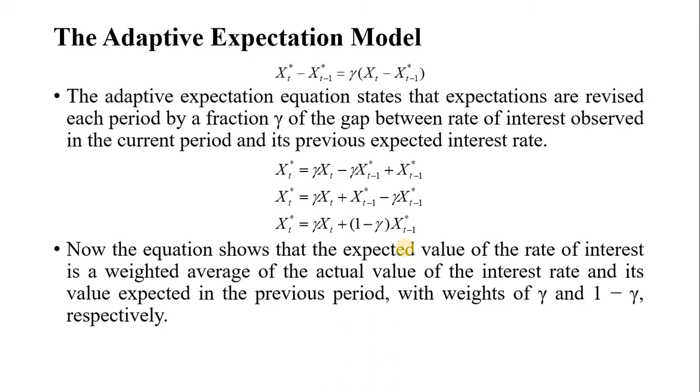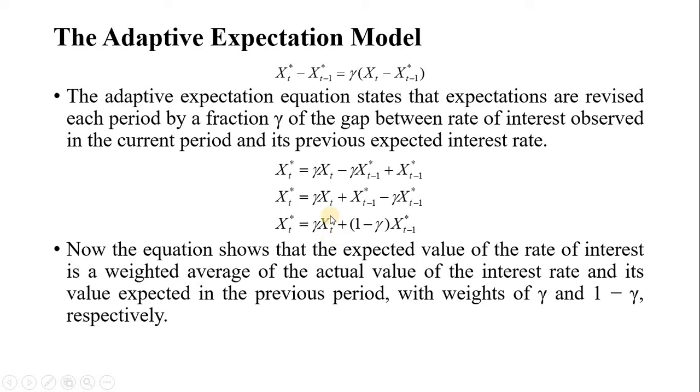Now what does it mean? The equation shows that the expected interest rate is a weighted average of the actual interest rate and its previous expected interest rate, with weights gamma and 1 minus gamma. You look at this, this is x star t, the expected interest rate, which is equal to gamma xt.